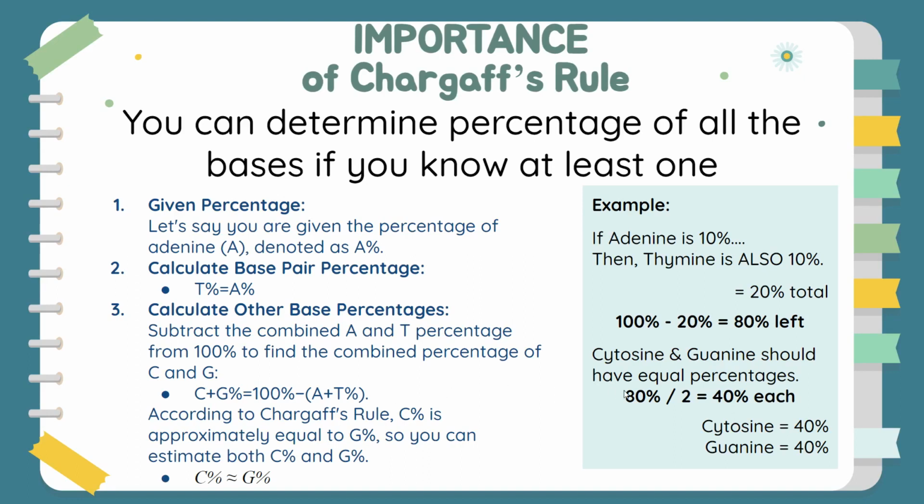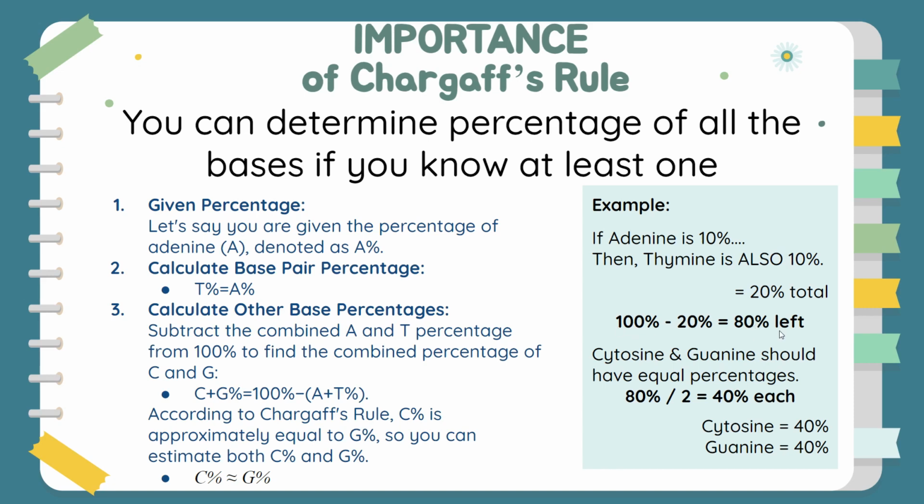Right. Over here, I have an example for you. If you're given adenine as 10%, then based on Chargaff's rule, you know that thymine would also be approximately 10%. Together, adenine and thymine make up 20% of the DNA total. We can subtract that 20% from 100. You only have 100% of something.